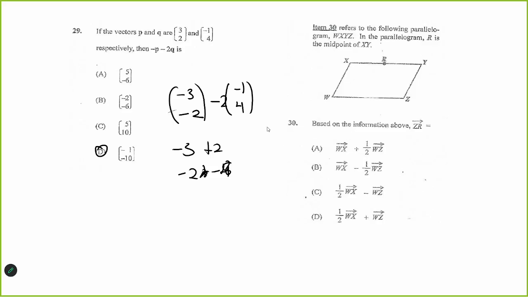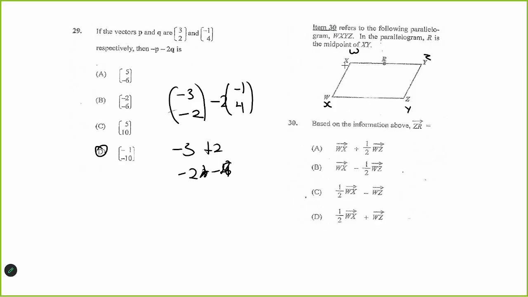Okay, so for this one, again, it's a parallelogram, right? So opposite sides are parallel. So in a parallelogram, R is the midpoint of XY, right? So therefore, this side can also be labeled as XY, and this side would also be labeled as WZ, right?